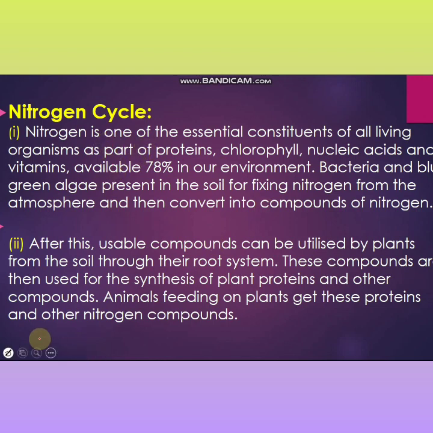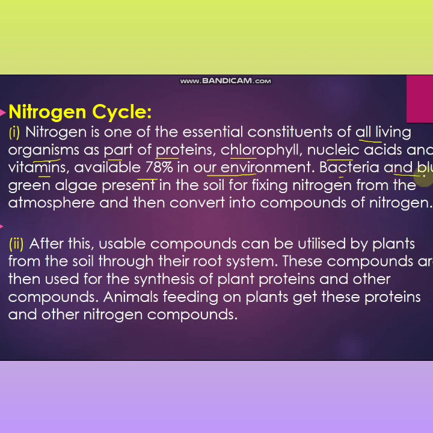Nitrogen is one of the essential constituents of all living organisms, as a part of protein, chlorophyll, nucleic acid, and vitamins. It is available at 78% in our environment. All of you know about this.